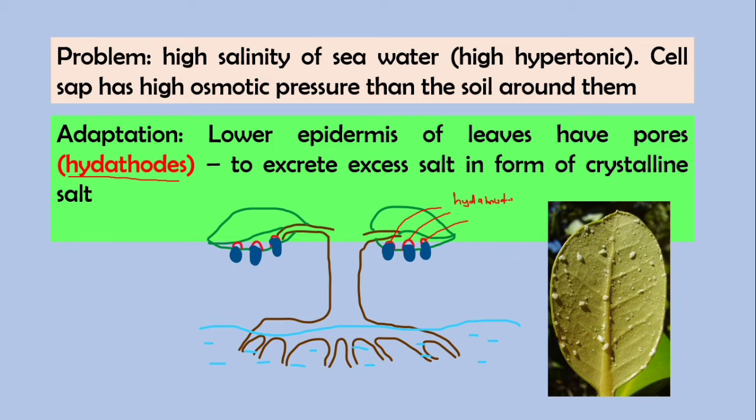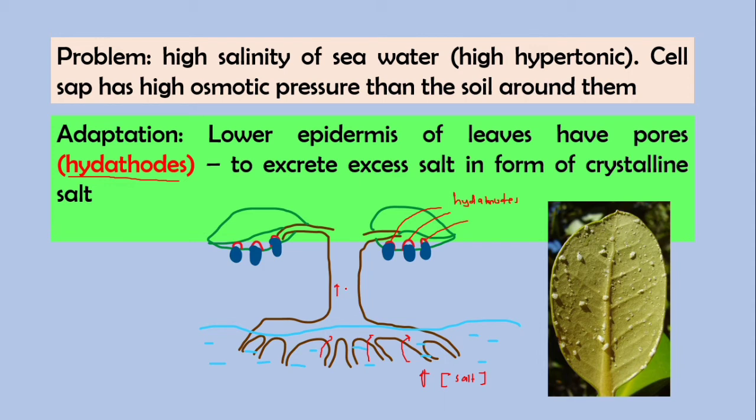Okay, functions of these hydathodes, fungsi hydathodes ini dia nak remove excess salts from the mangrove plants in the form of crystallized salts. Okay, seawater ini ada high concentrations of salts. So most of the time salt akan being absorbed, masuk dalam plant.